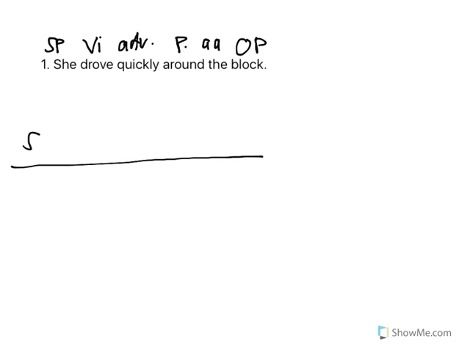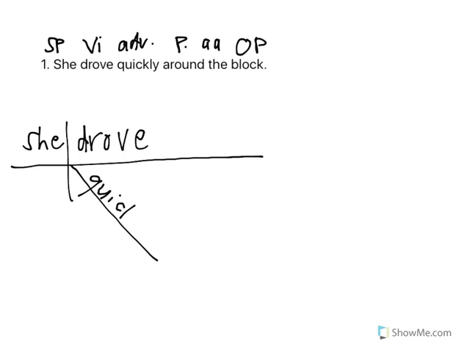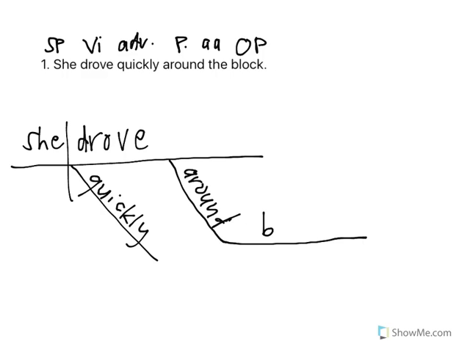Begin as normal. She drove. How did she drive? Quickly. Now this is how you're going to diagram the prepositional phrase. It's going to be like this, like an L. Around, the preposition goes on the first line, and the object of the preposition goes on the second line.